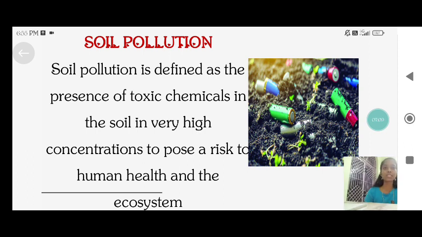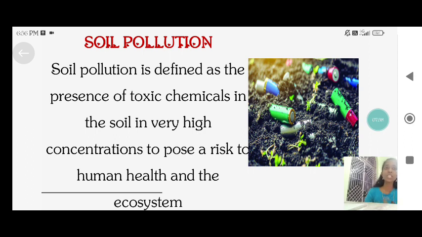In such cases it pollutes the soil. The wastes we are putting into the soil are mainly plastic materials, and there is also degradation of land due to hazardous wastes. Pesticides also affect the soil and reduce soil fertility, and industrial activities all affect the soil.